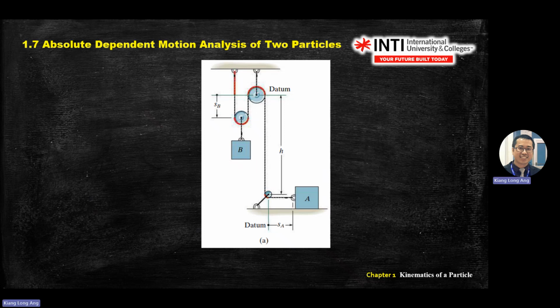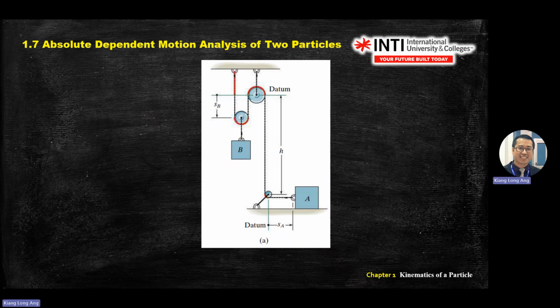Now, if you look at this one, first you look at where your datum is. We have two objects, right? First, you think logically. If you pull A, what happens to B? Pull A, B will move up, right?